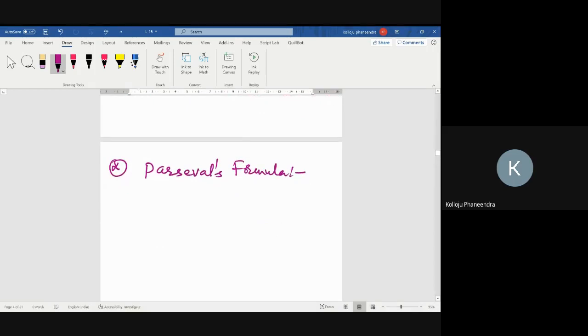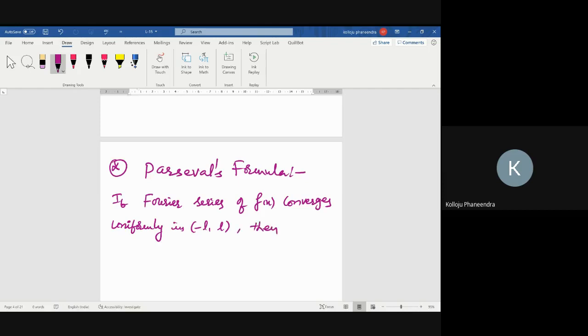If the Fourier series of f of x converges uniformly in minus L to L, then the integral from minus L to L of f of x whole square dx equals L into a naught square by 2 plus summation of an square plus bn square, n is from 1 to infinity.